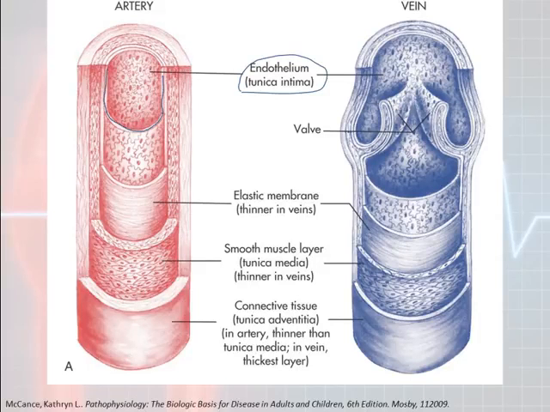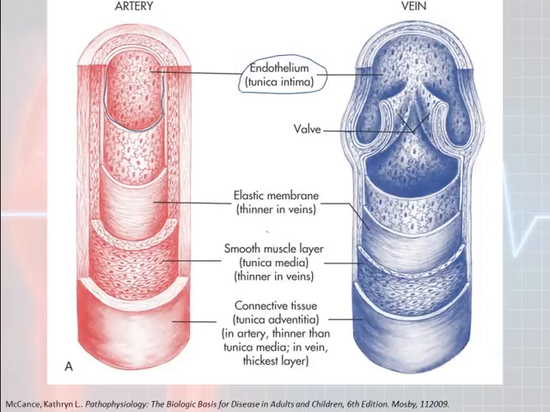This tunica intima is 1 or 2 cells thick. It is a very thin layer. It is only there to provide some substances that we're going to talk about in a minute. It's also there to provide a nice smooth inner lining for blood to travel very easily and smoothly through the arteries. And if you're curious, it contains simple squamous epithelial cells.